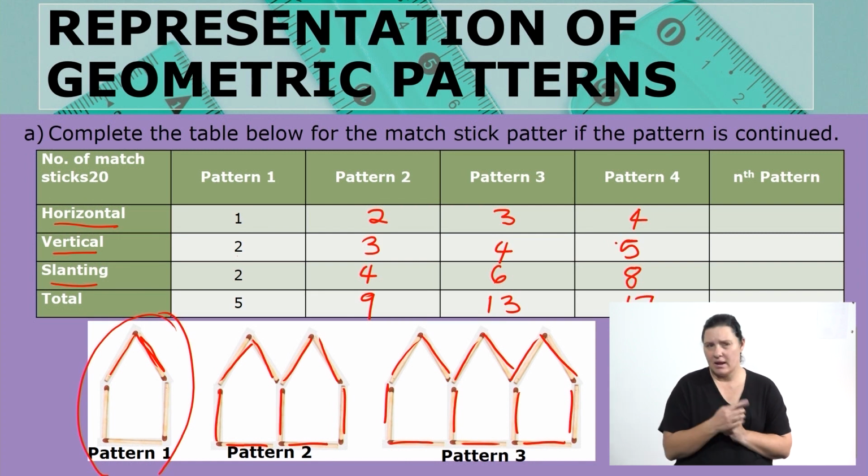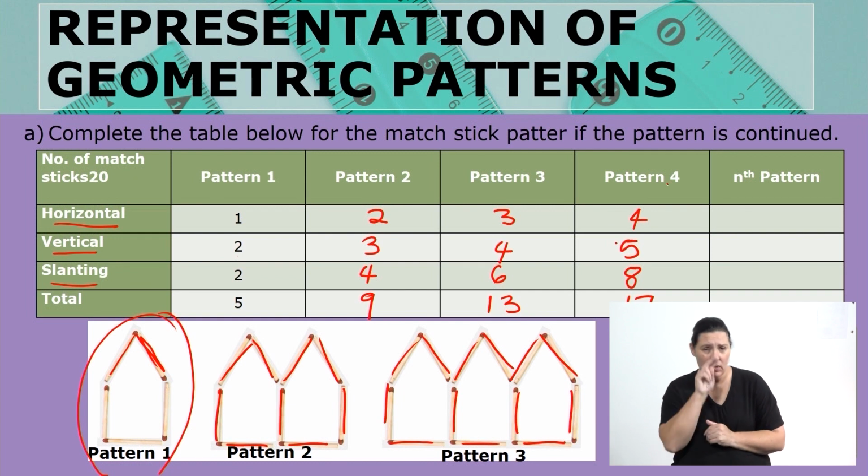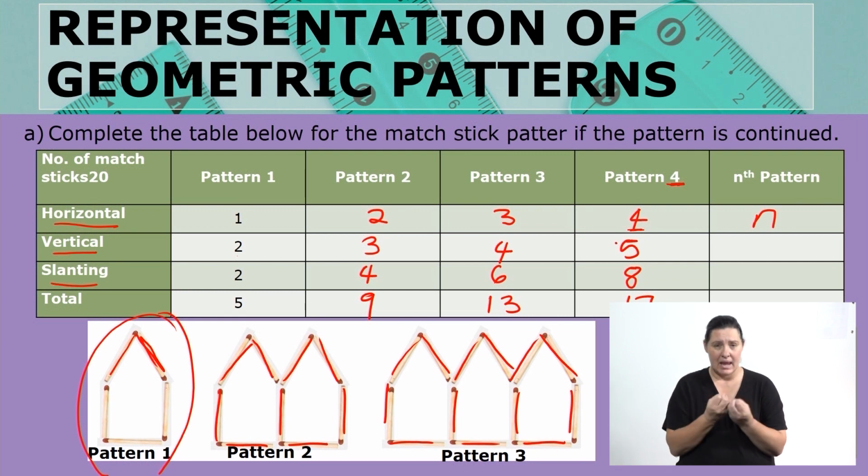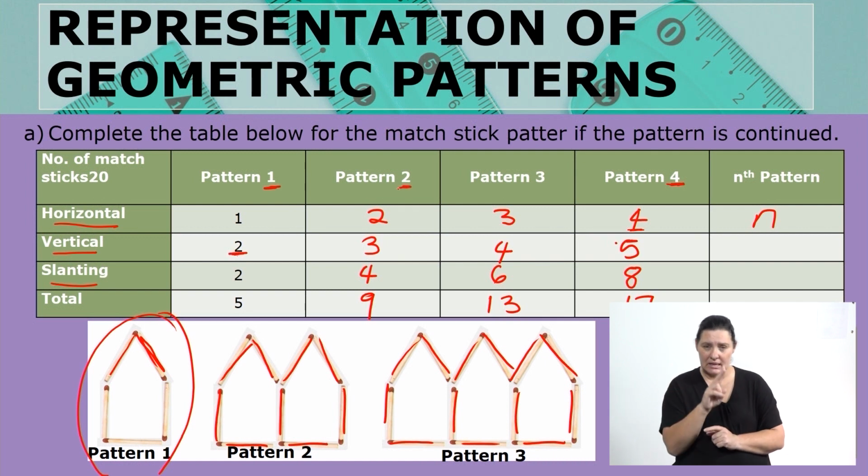So what is happening here? With the nth term, we can see that the number of horizontal sticks are the same as the number of the term that we are going to be dealing with. So for the nth term, that is going to have n number of sticks. When it comes to the pattern and the vertical sticks, we can see that we're just adding 1. So that is going to be our n plus 1.